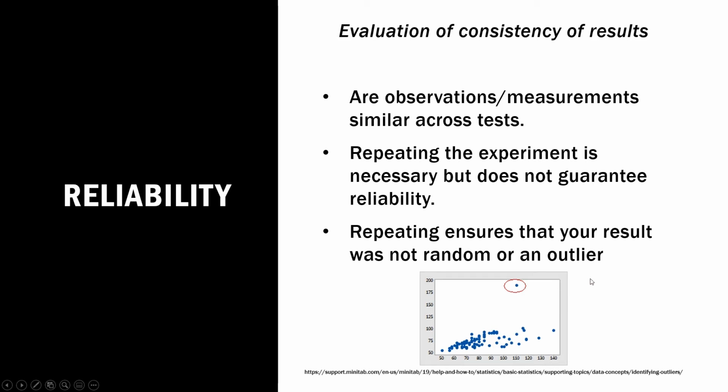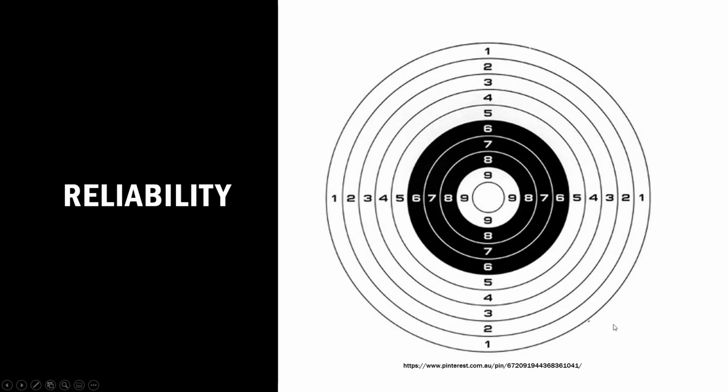If you were to only test your experiment once and only got this outlier on the top, then you would have no idea that this is actually an incorrect result and that the consistent set of results follow this trend or this pattern down the bottom.